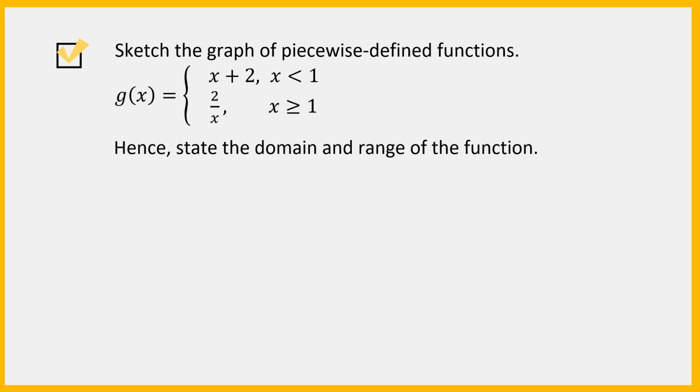For the piecewise function, the curve is drawn piece by piece based on the values of x given. Firstly, draw the axes, the x-axis and the y-axis labeled as g of x. Now, for all x less than 1, the function is a straight line graph g of x equals x plus 2.